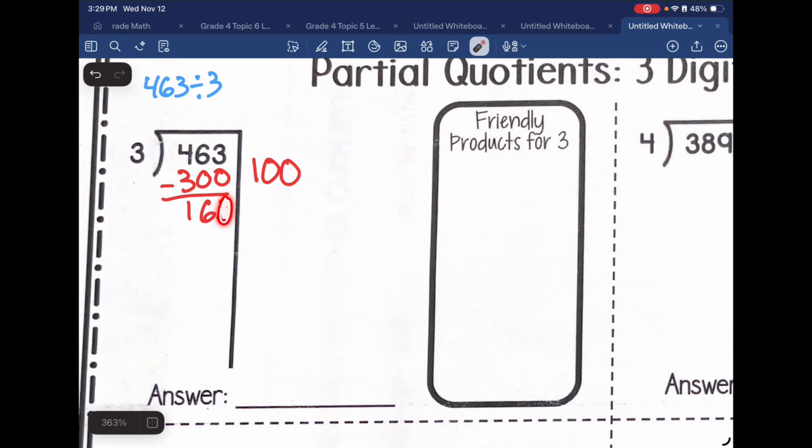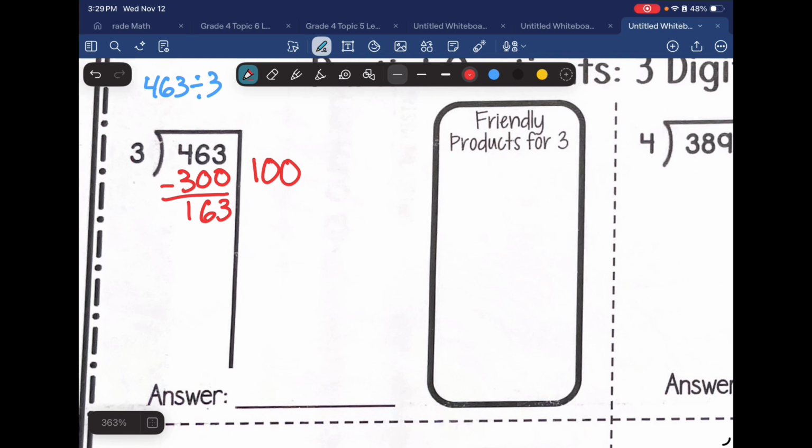Well, if I just add a 0 on that, I can say 3 times 50 will get me 150. And that's pretty close to 163. 3 minus 0 is 3. 6 minus 5 is 1. Now, an even more manageable number.